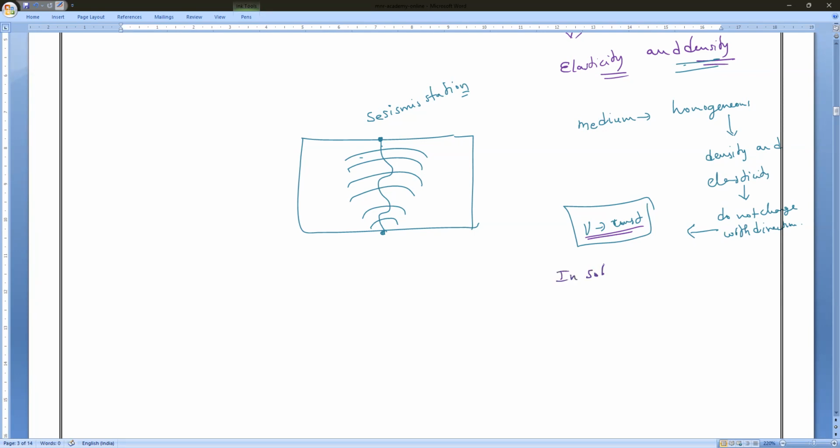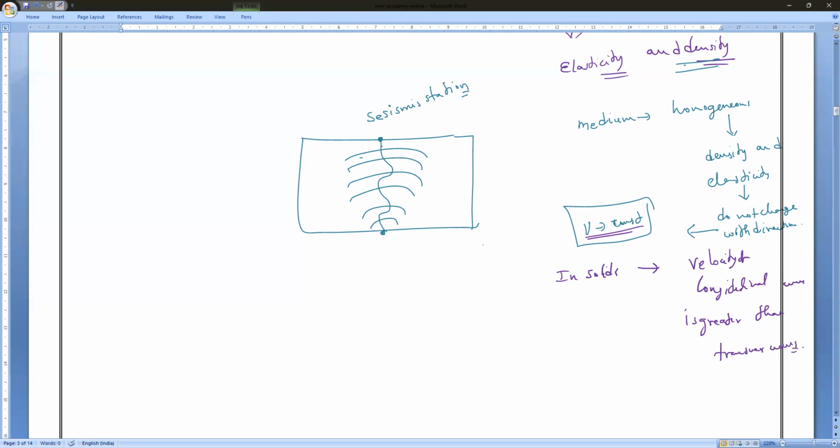Please note it: in solids, which wave travels faster? The velocity of longitudinal waves is greater than that of transverse waves. Clear, guys?